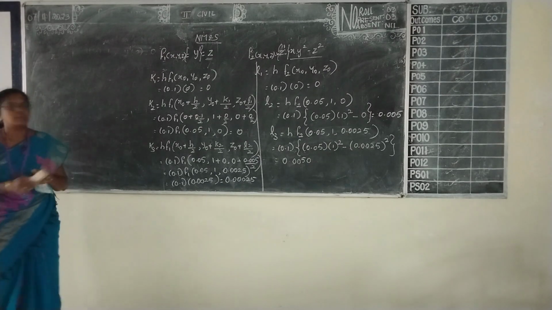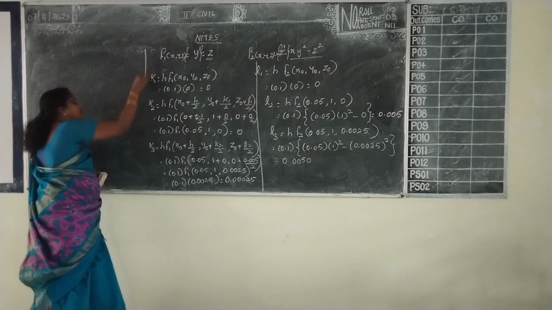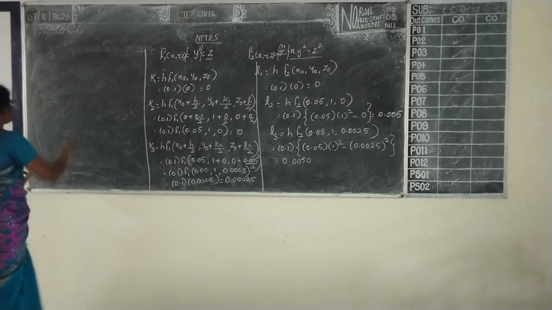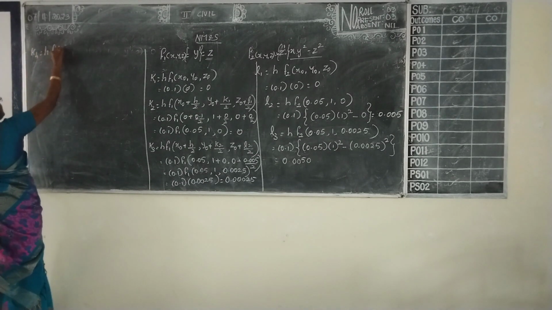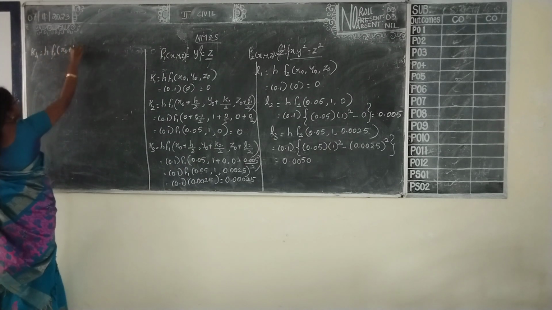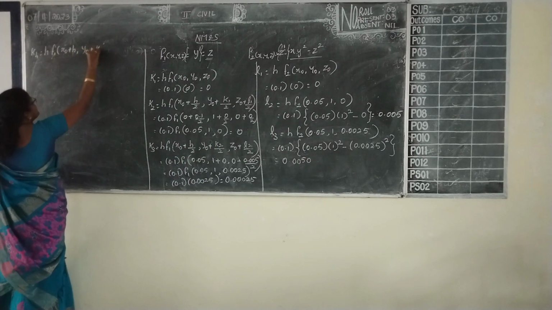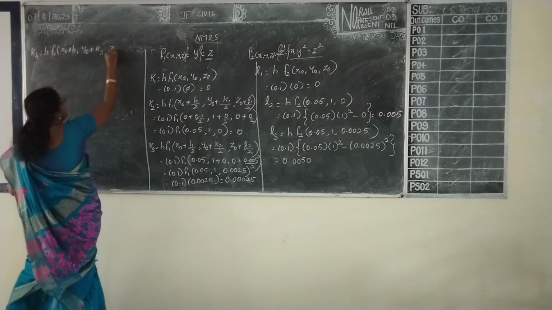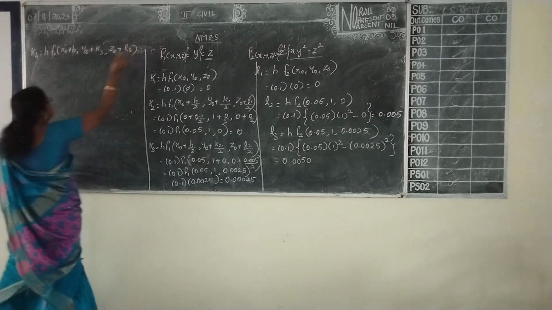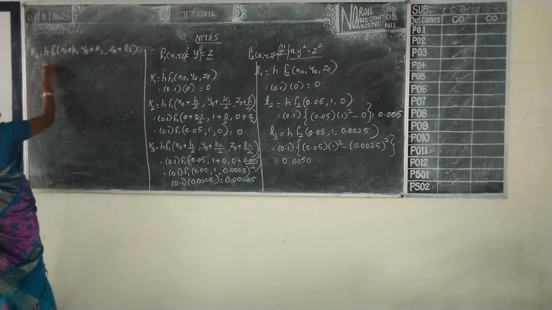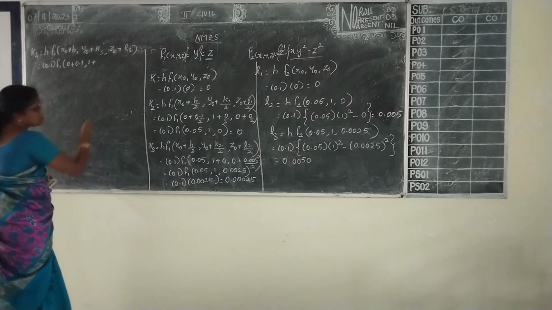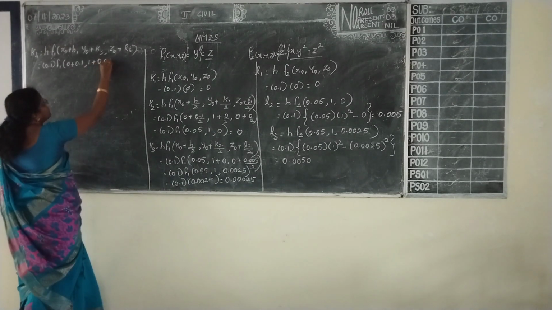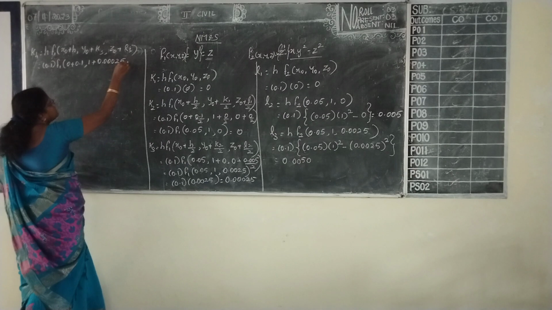Yes, same answer. So start with K4 and L4. K4 equals H into F1 of x naught plus h, comma y naught plus K3, comma z naught plus L3. So 0.1 into F1 of 0 plus 0.1, 1 plus K3 value which is 0.0025.